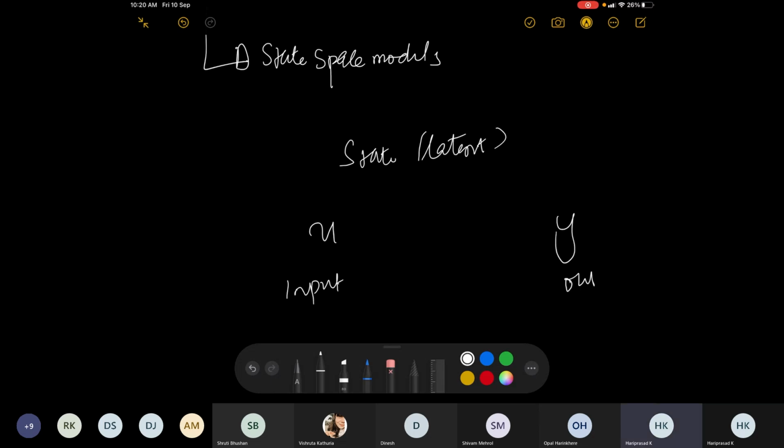Input is not directly affecting output, but it is passing through a state. There is an internal state, which is quite internal to the system.